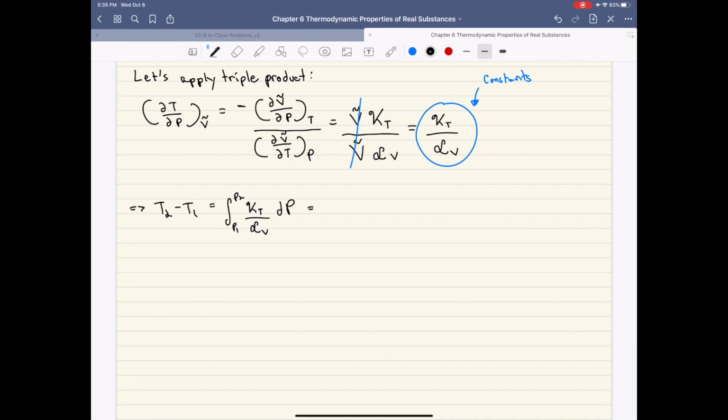Since these are constants, we can pull them out of the integral and get pressure 2 minus pressure 1.